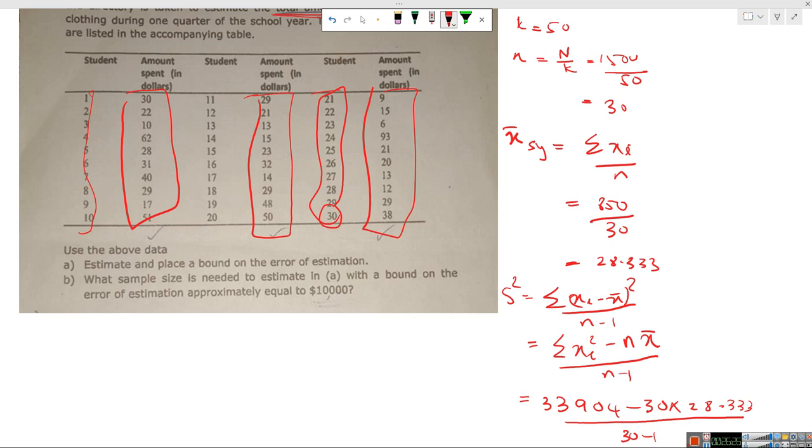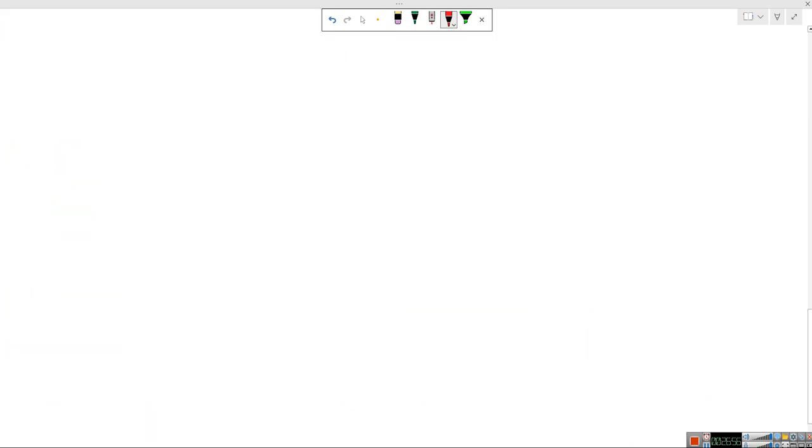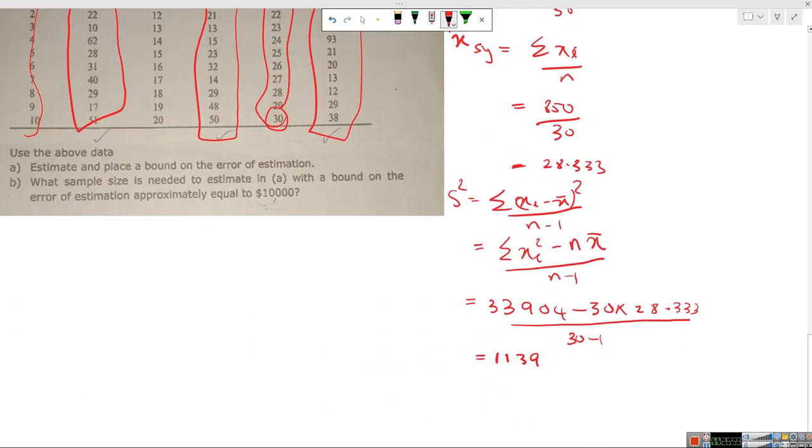So the answer should be minus 30 into 28.333, and it gives 7934. As usual, I should have made some mistake.